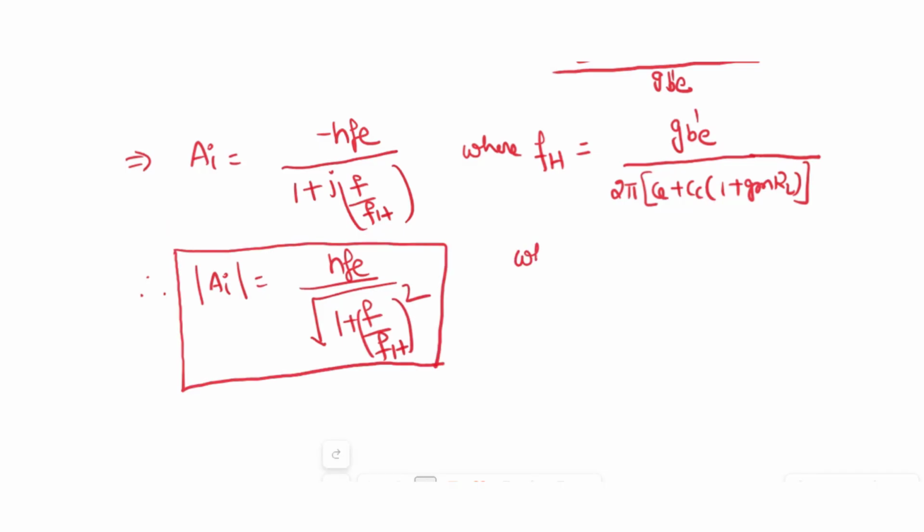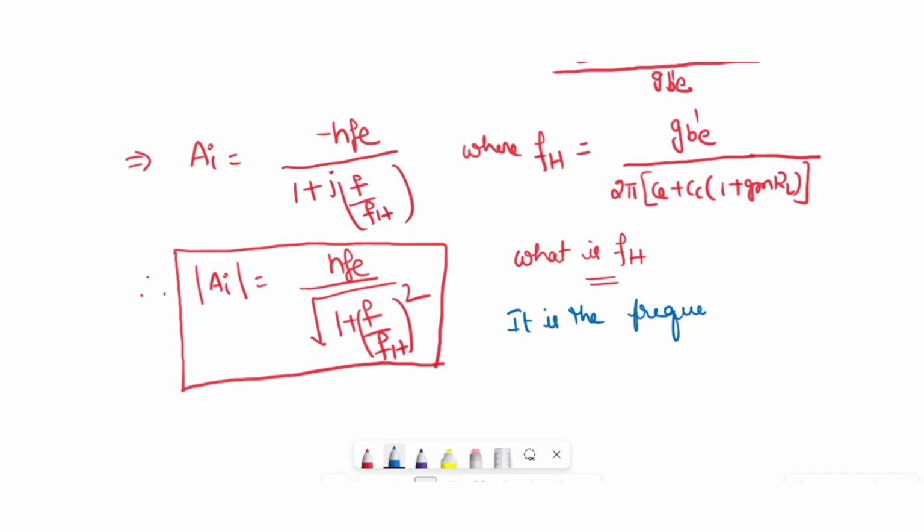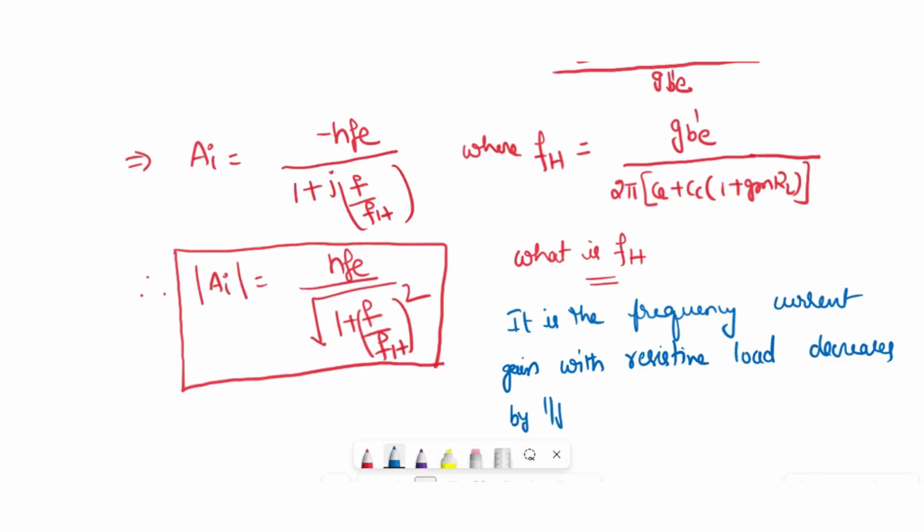Then, what is FH? I can say it is the frequency at which current gain with resistive load decreases by 1 by root 2 or 3 dB from its low frequency value.